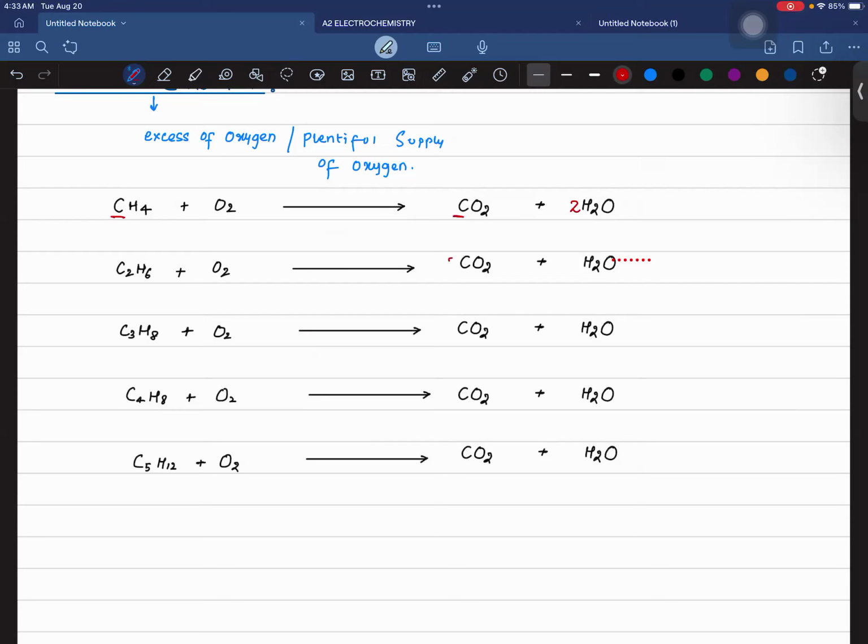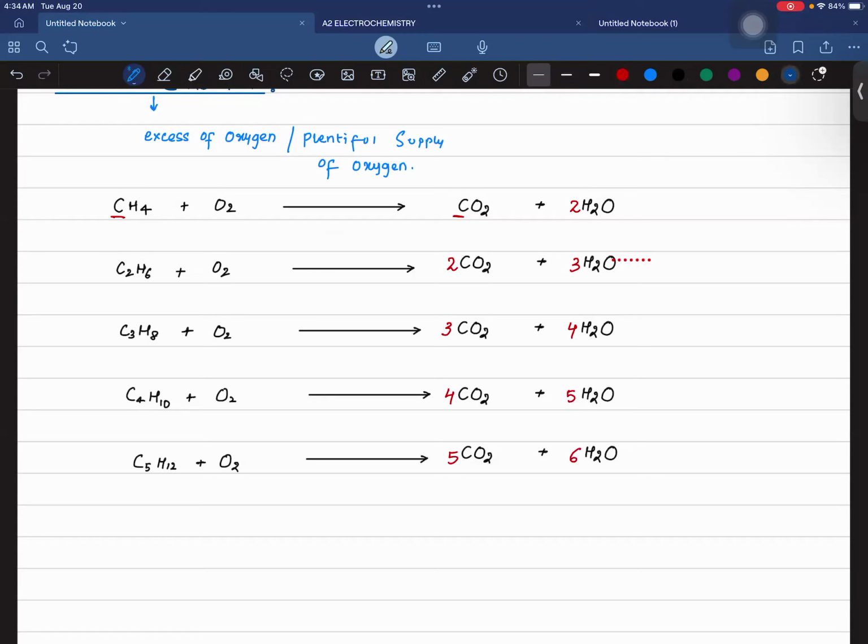Two carbons, two carbon dioxide, six hydrogens, three water. Three carbons, three carbon dioxide, eight hydrogens, four water. Four carbons, four carbon dioxide, ten hydrogens, this would be C4H10, so it should be 5H2O. If there is 5 carbon dioxide, 12 hydrogens means 6 water.